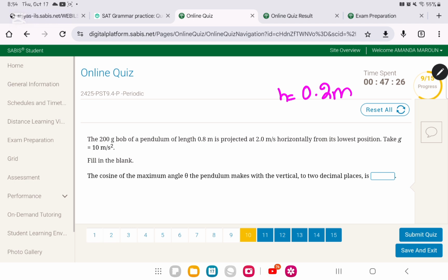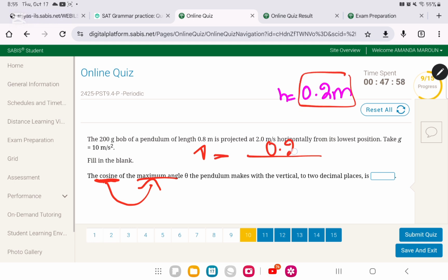Alright, here is where something very important comes. I know we haven't taken this, I don't think it will come in the exam, but it's not wrong to learn it. It's always good to learn new information. So, the first thing that you're gonna do to find the cosine of the maximum angle, anytime you see cosine of maximum angle, is 1 minus the smaller distance, which is 0.2, over the bigger distance, which is 0.8.